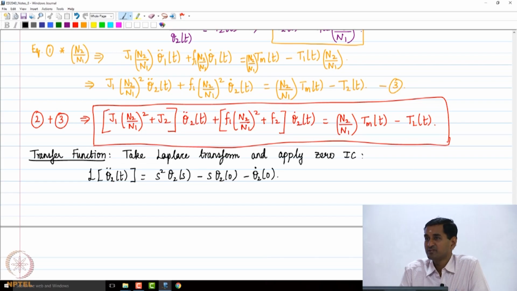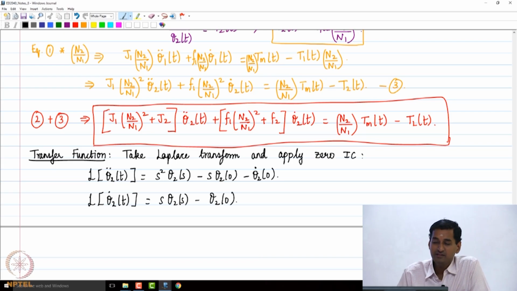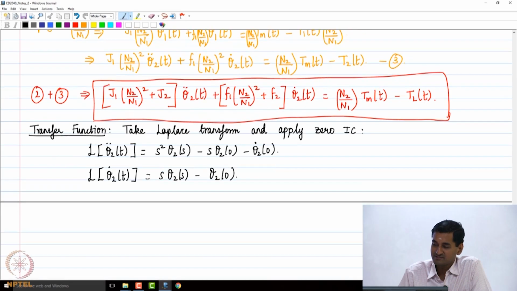It is obvious from the context that the second two terms are initial conditions, where theta 2 is evaluated in the time domain. And the Laplace transform of theta 2 dot is going to be equal to s times theta 2 of s minus theta 2 at 0. So, we need to keep in mind all those things.